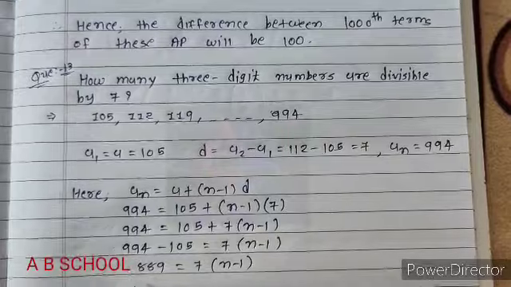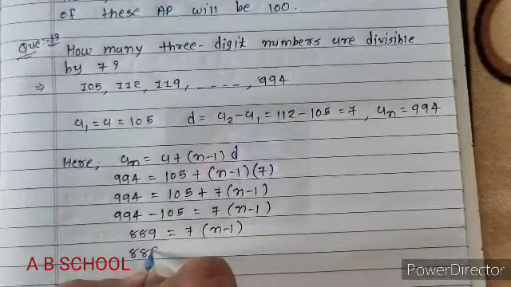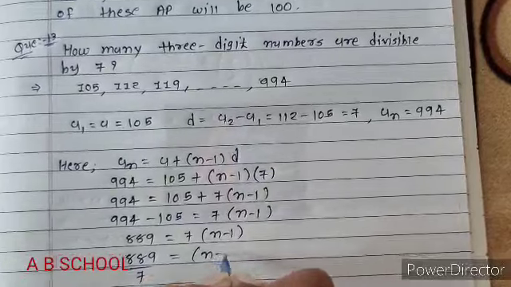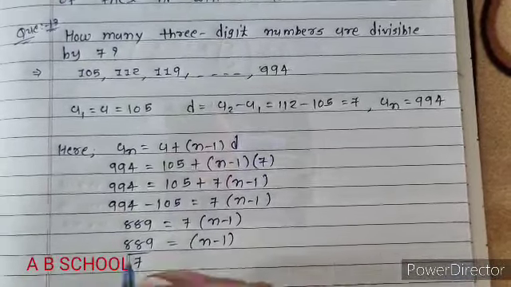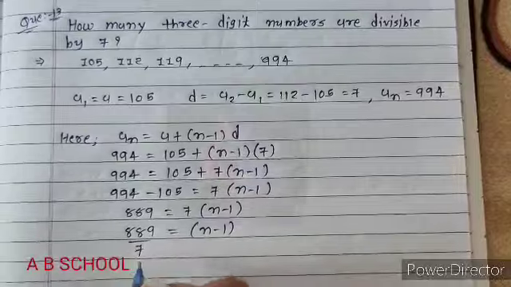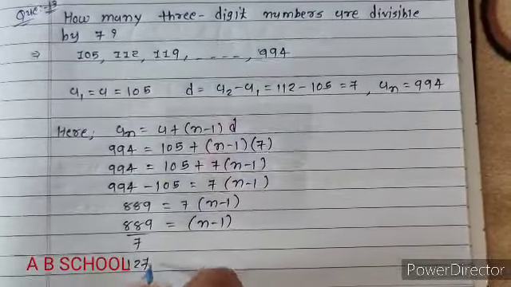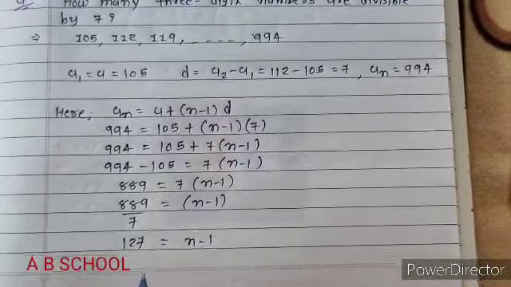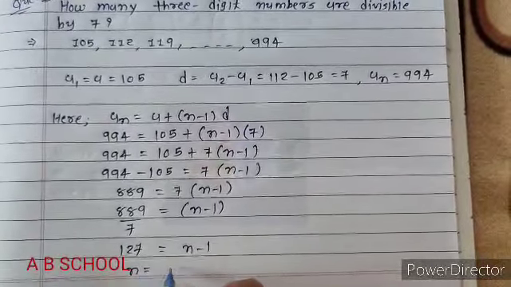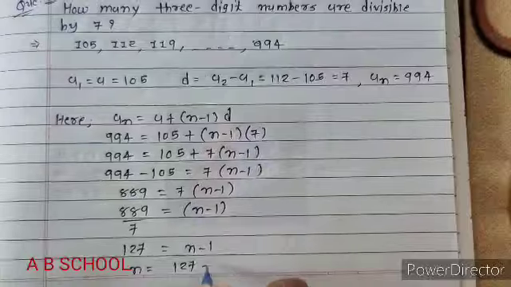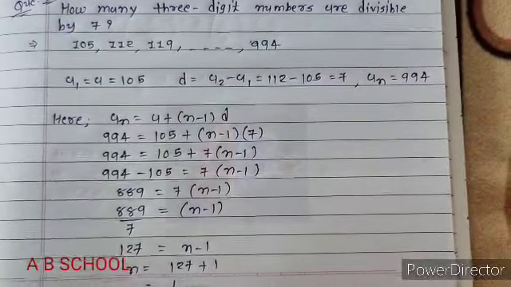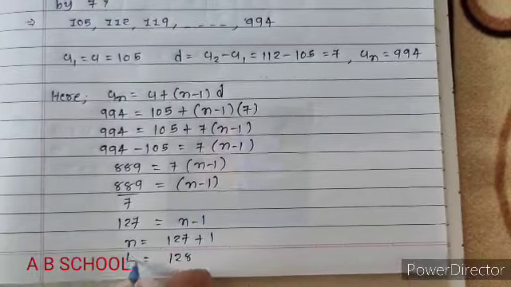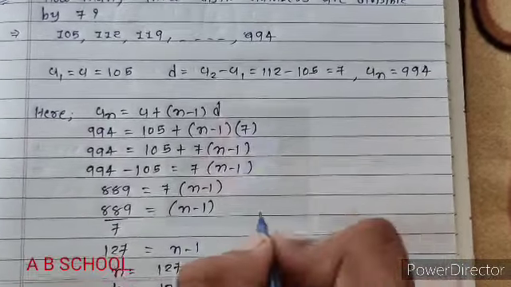So 889 divided by 7 is equal to n minus 1. 889 divided by 7, answer is 127, is equal to n minus 1. So n is equal to 127 plus 1, which is 128. So the value of n is 128.